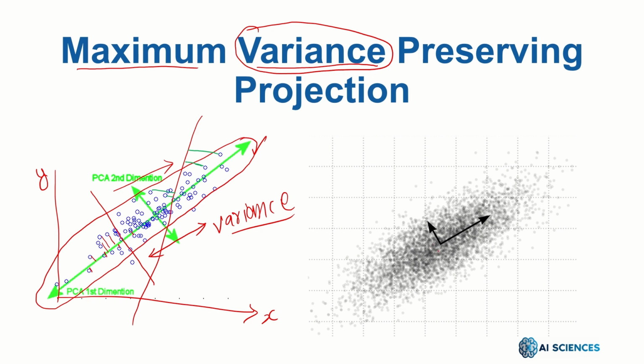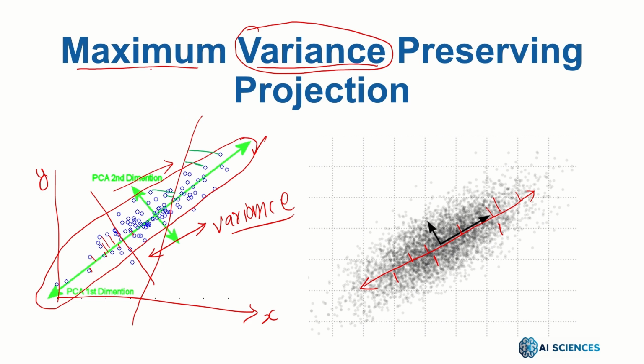Here, if I'm allowed to choose only one direction, then I will choose this particular direction, because in this direction the variation of data is high. And if I project all my data into this subspace, the error will be minimum as compared to all other directions.